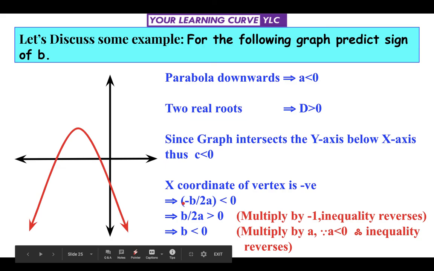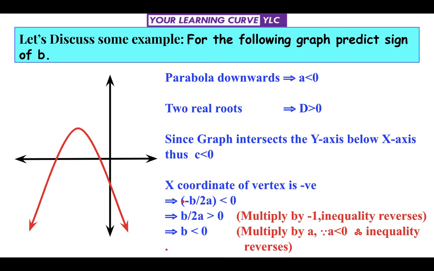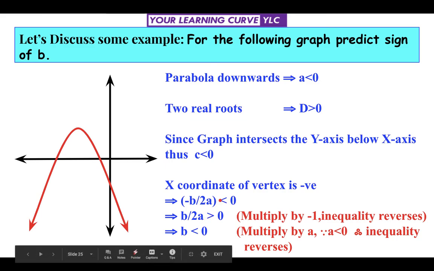There is a minus sign. What we do, we multiply this entire expression with minus 1. Since we are multiplying it by a negative number, the inequality sign will be reversed. Instead of less than 0, now it will be greater than 0. So b by 2a is greater than 0. Now we have to multiply it by 2a to get the sign of b. A is negative, 2a will be negative.